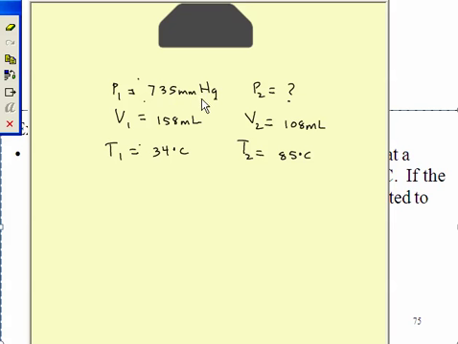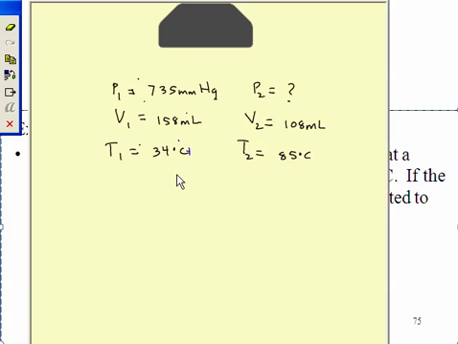So my pressure units are fine as millimeters of mercury. I notice that my initial unit for volume is milliliters and my final unit is milliliters, so that's good. These have to be the same. However, even though my temperature units are the same, anytime we use a gas law, our Celsius need to be converted to Kelvin.